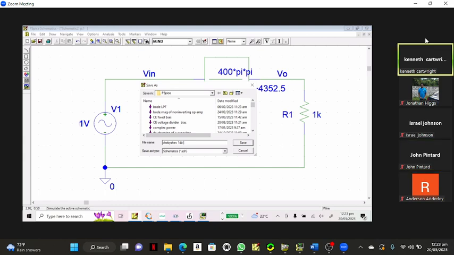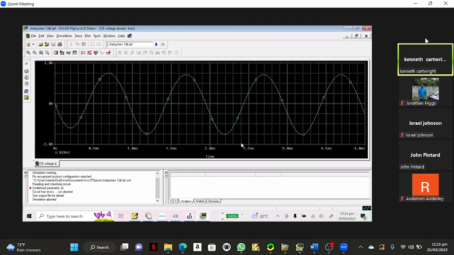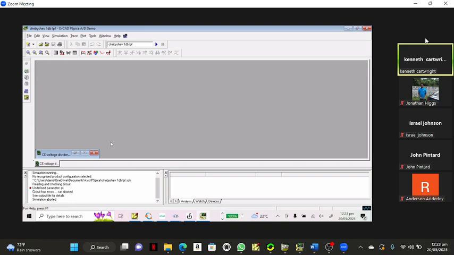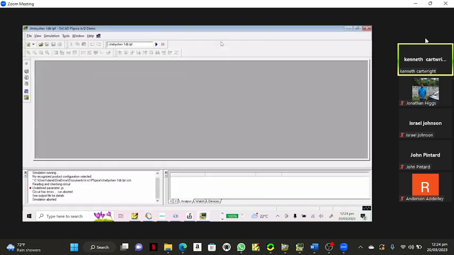Okay, Chebyshev low 1 dB, low pass filter. It's been a while. So what has happened? So let's close that. Oh, it doesn't know what pi is.